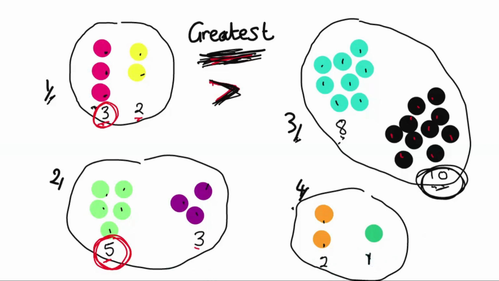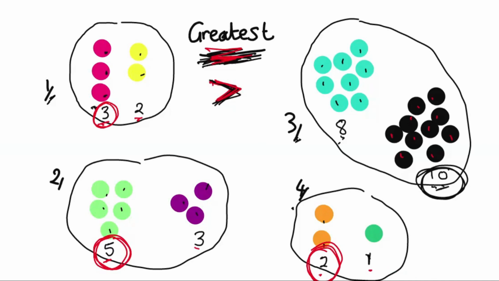Which number is the greatest? We know that 2 is more than 1. So 2 is the greatest number. Absolutely fantastic.